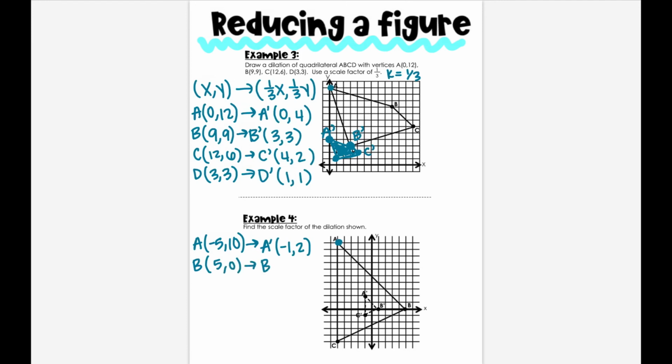So I'm just going to continue listing out all of these points, and then we will look at what the pattern is between the original points and the prime points.